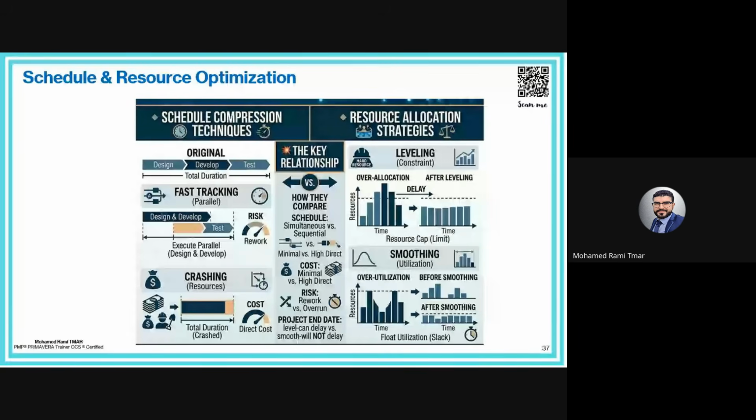So the project duration does not change. Example, as I said, shifting non-critical activities to reduce the peaks in resource demand. So we optimize the resource without impacting the overall deadline of the project. The critical path will not be impacted in this case.